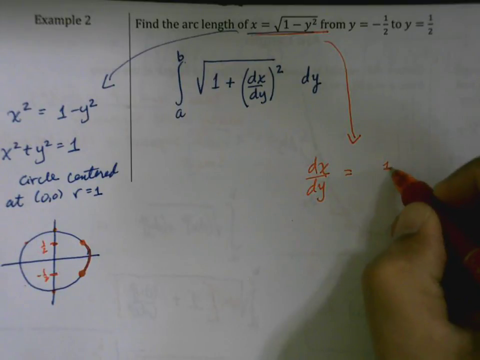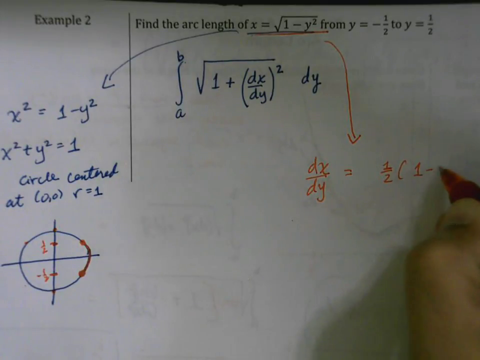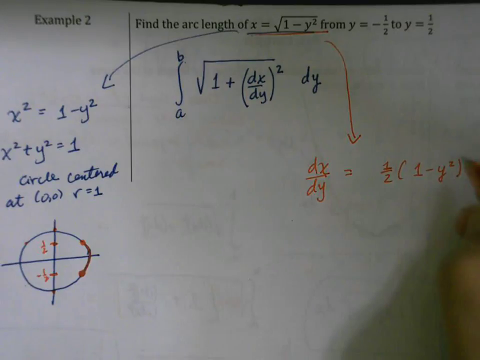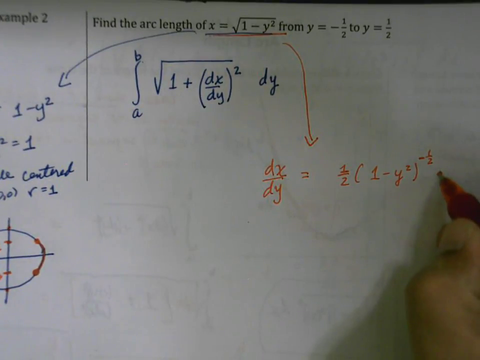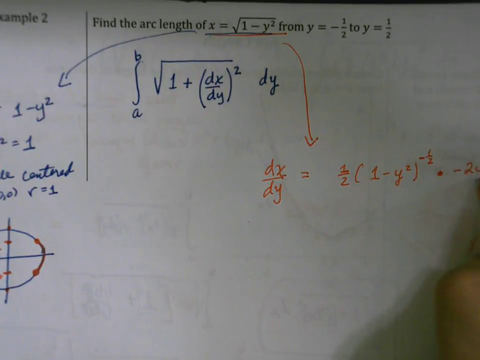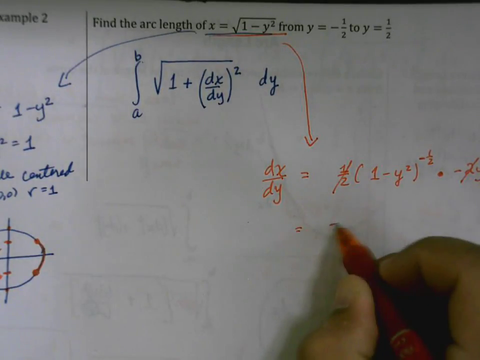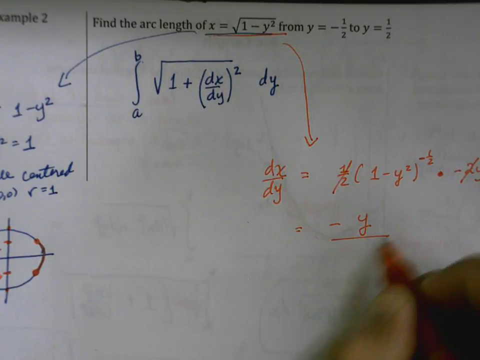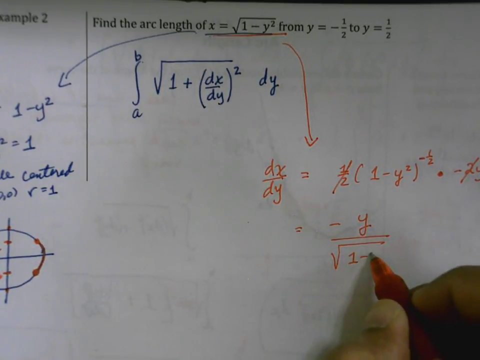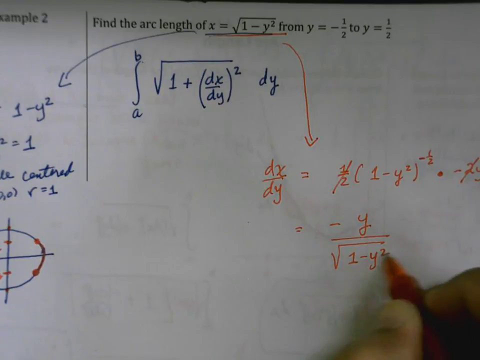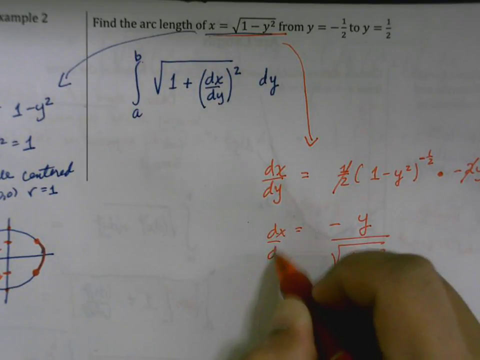So the derivative of that is 1/2 times 1 minus y squared to the negative 1/2. So the power rule here coming into play. And also, don't forget to multiply by the derivative of the inside function, which is negative 2y. So the 2 and the half cancel, and now we end up with negative y over the square root of 1 minus y squared. Okay, so this is dx dy.